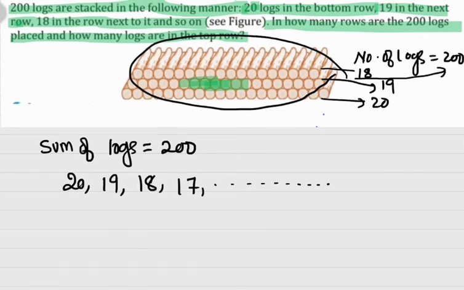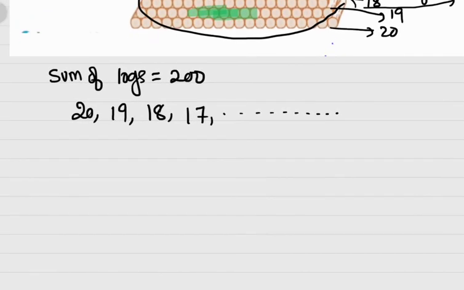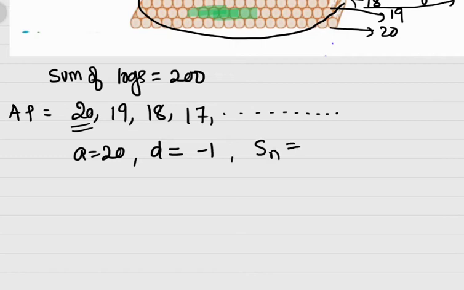Okay, now see how you can find the total number of rows. Now this is forming an AP, where your A is equal to 20 and D is equal to 19 minus 20, that is equal to minus 1, and your SN is equal to 200. How do you find SN?